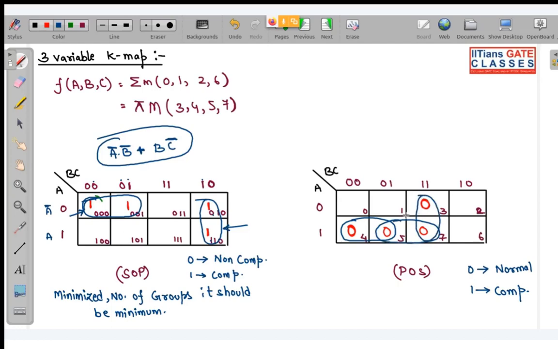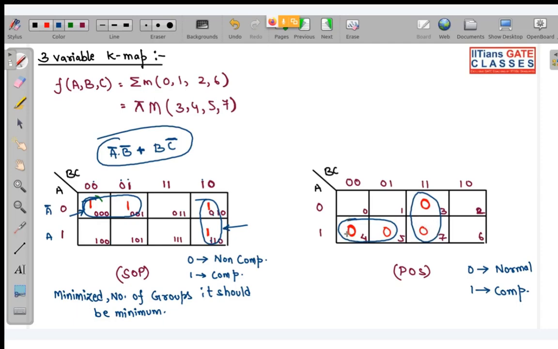But if I want the minimized POS expression, my number of groups should be minimum. So you can see this group is redundant, because all other zeros have been covered when I make groups like this. No more zeros are present which are not covered by a group. So this is the best possible grouping that I can do.